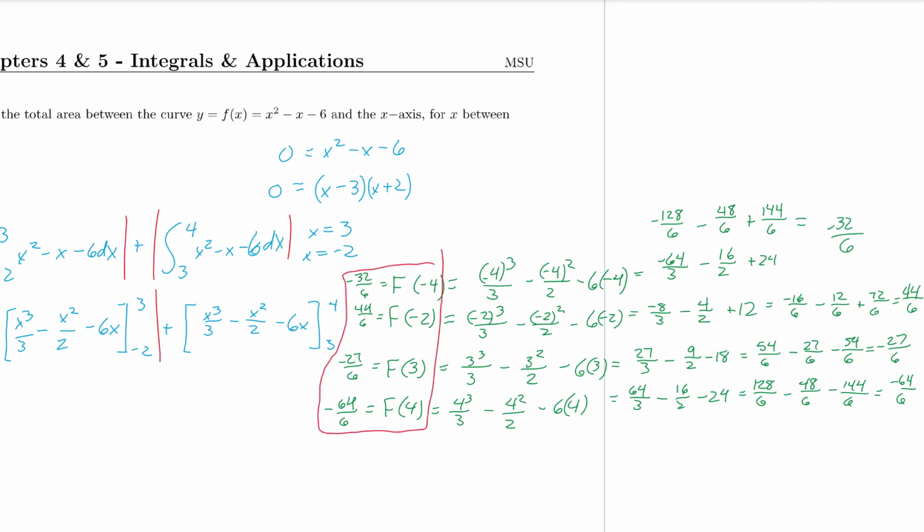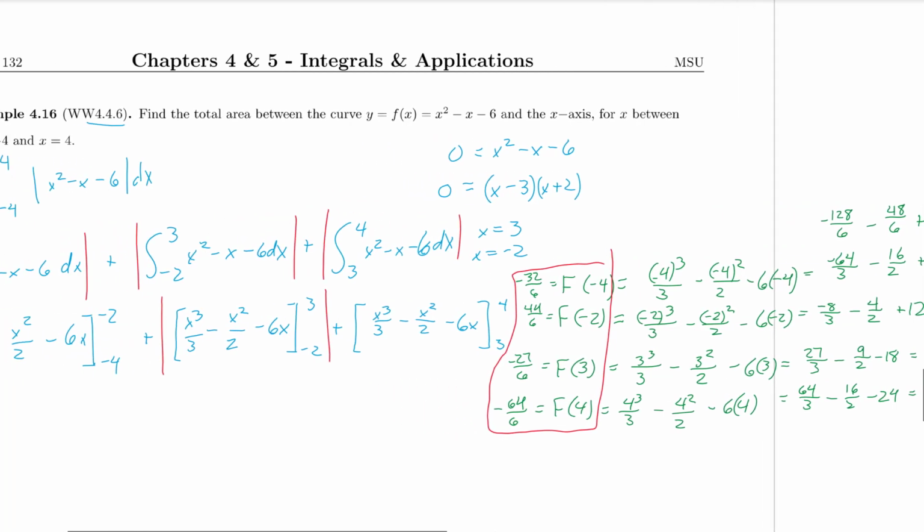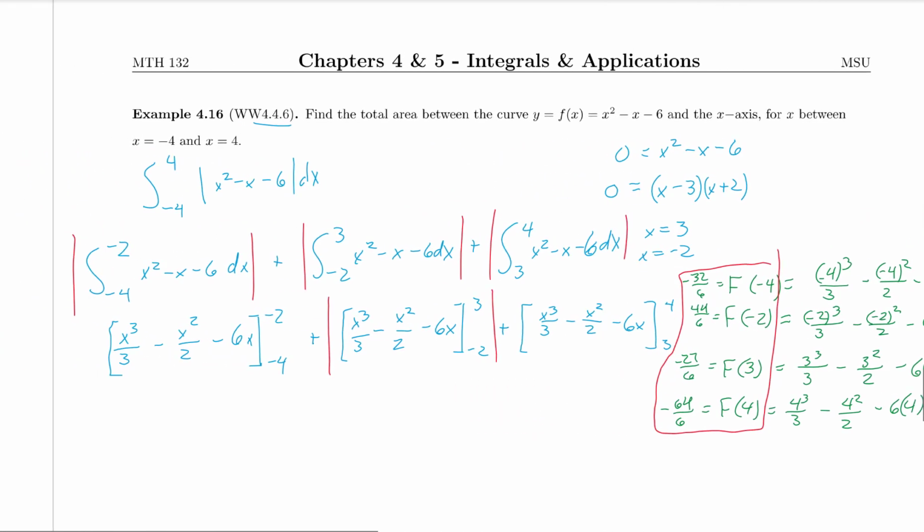Importantly, we have our table of values right here. That's all we care about for this problem. So let's go back to our actual answer. We get f of negative 2, which is 44 over 6, minus f of negative 4, which is negative 32 over 6. That is our first term.